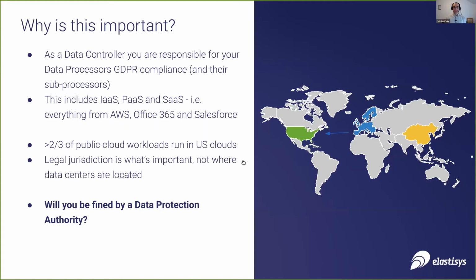And again, it's legal jurisdiction that matters and not the physical location of the data center. So currently there is a huge legal uncertainty on whether it's currently okay, or maybe it will be in the future okay, to legally use US-based cloud providers.